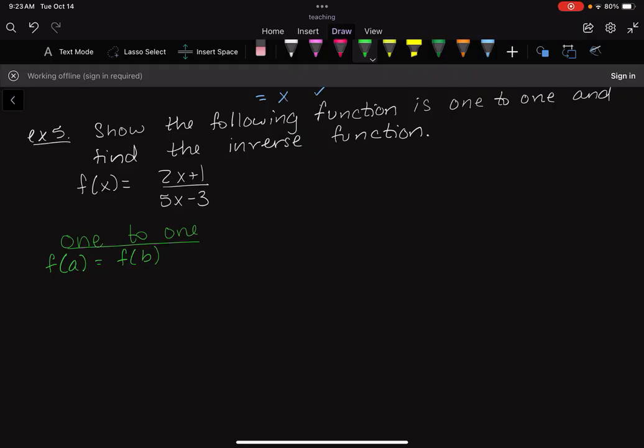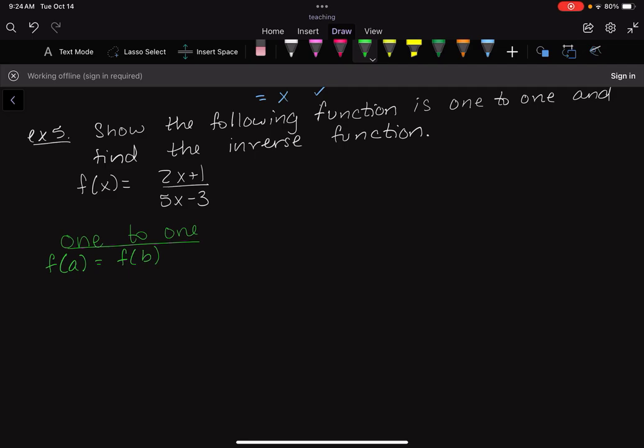Usually if it's not one-to-one, the issues that you're going to see is like one is going to be positive and one is going to be negative. You're going to have some pluses or minuses happening, kind of like with the absolute value. But as long as you get a equals b, you're good.